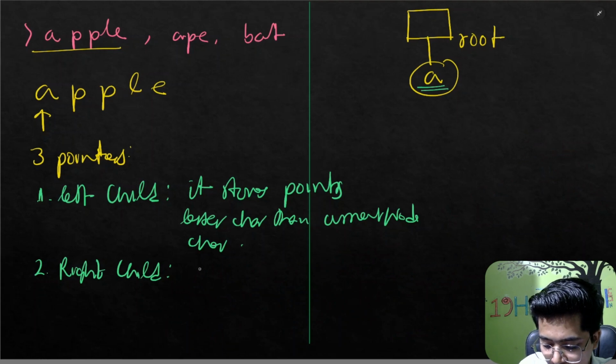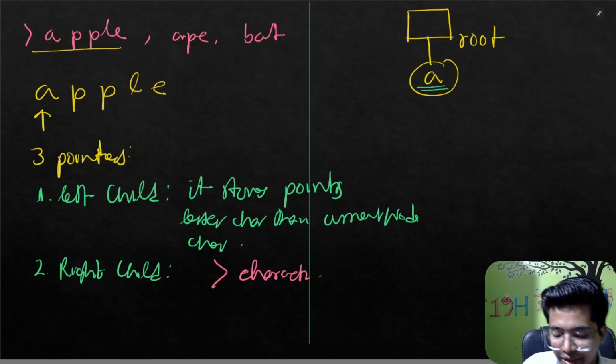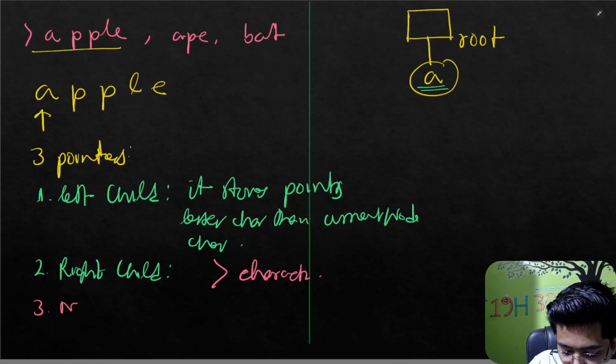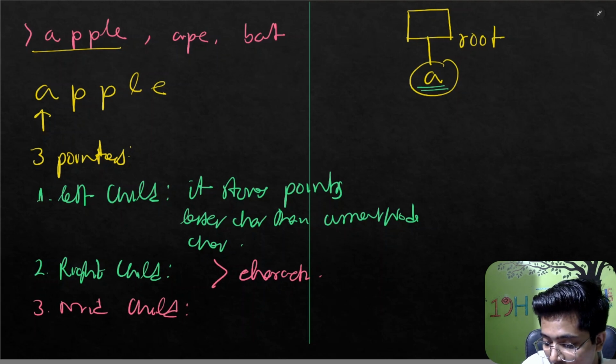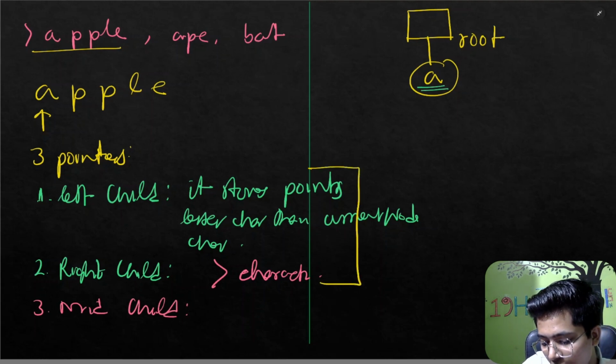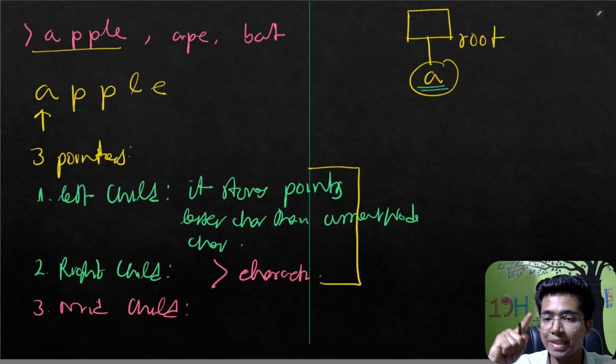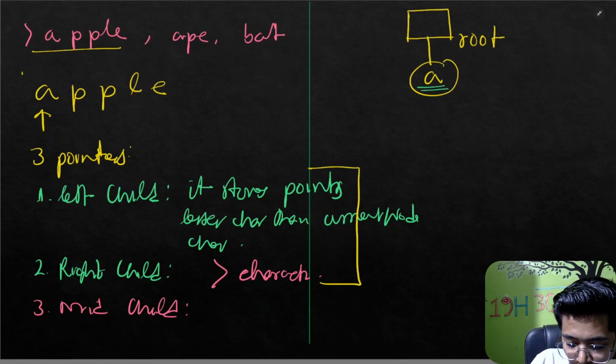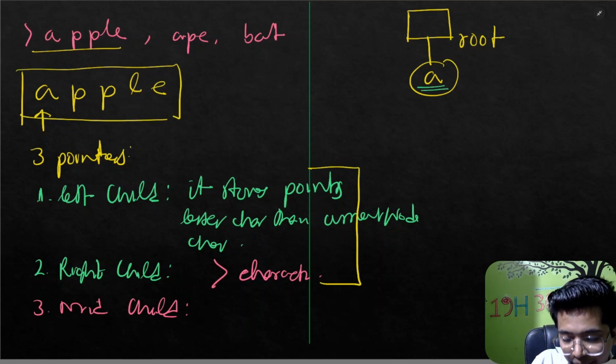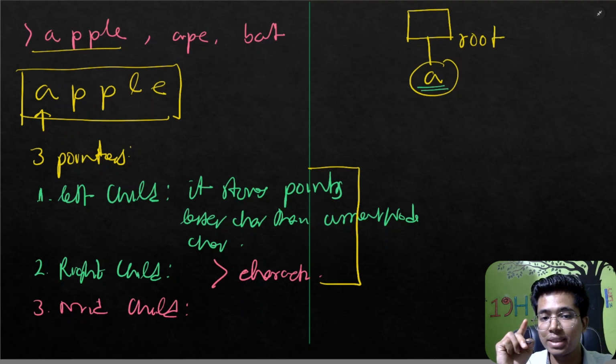The right child stores greater characters. So this is the left and right child. And there is another child, the mid child, in a ternary search tree. Look, there is some speciality: the left and right store characters of another word, but the mid child always stores the characters of the same word. That means all the characters of this word apple will get stored only in the mid child.